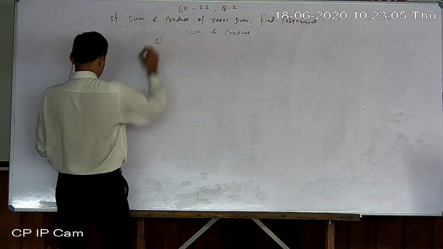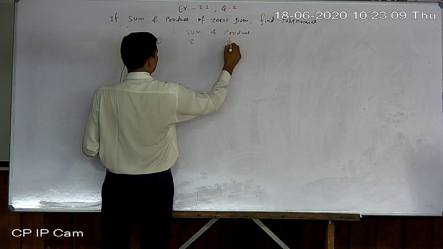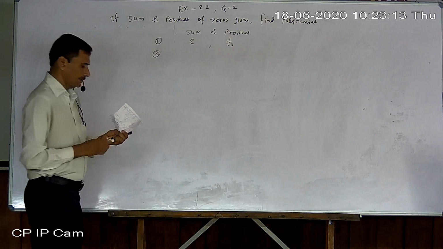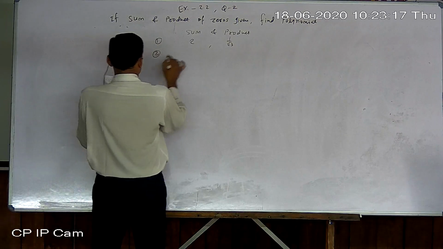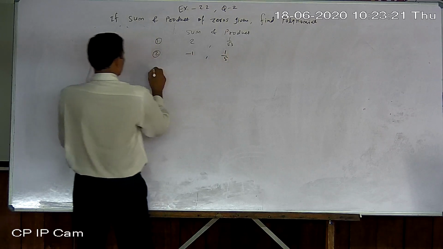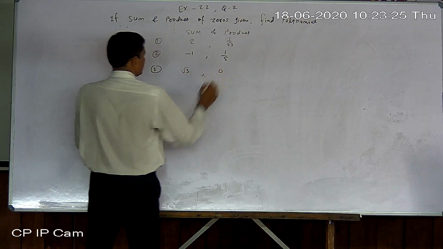Now first one: 2, 1 by root 3. Sum 2, product 1 by root 3. Next one: minus 1, 1 by 5. Number 3: root 3, 0.